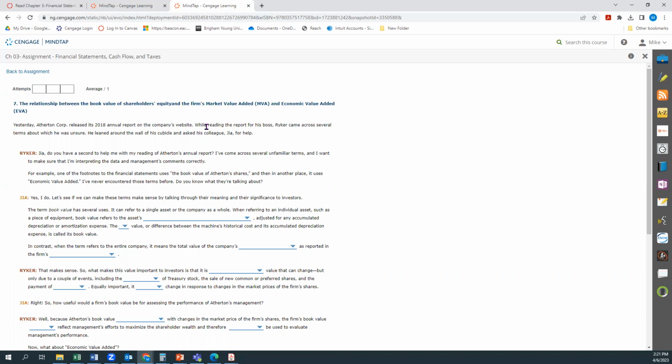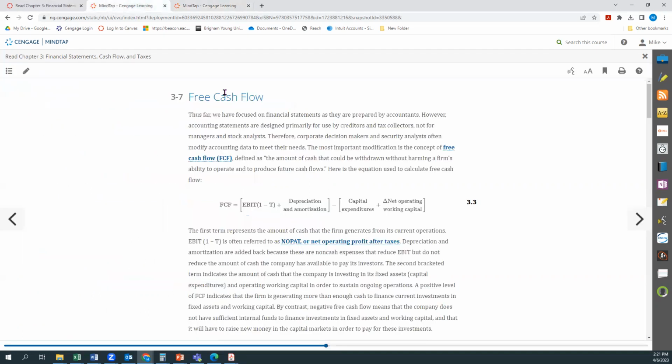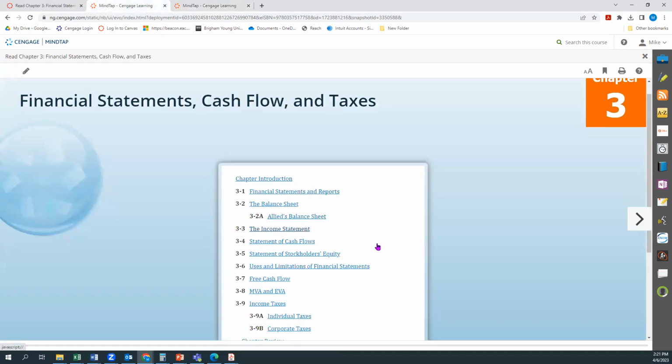And so our value added is what the business is really worth, or another way of figuring out what the business is worth. And so there will often be some difference between the business's book value and its market value added. Okay, again, that's covered pretty well in section 3.8.